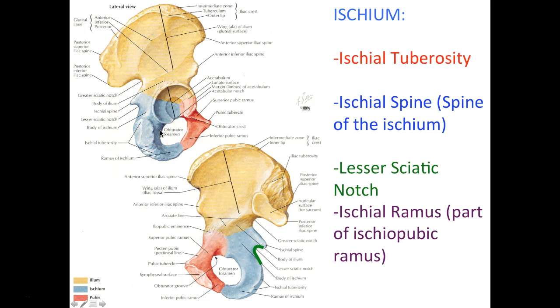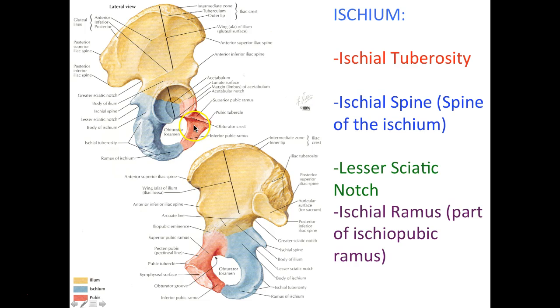Okay, next part can also be a little bit challenging for students. Whenever you see this word ramus, it means branch. And we have two portions of our bones coming together here. We have the ischium coming together with the pubic bone.